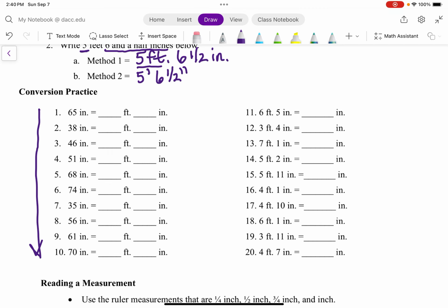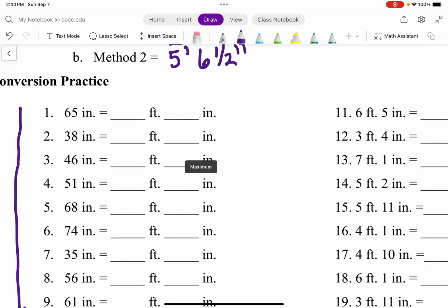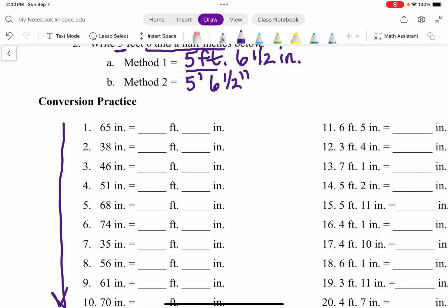On numbers 11 through 20, it's asking us to take feet and inches and convert them into the total number of inches. But we're going to focus on 1 through 10 here first. So I'm going to erase that line. I'm going to see if I can zoom in here a little bit. All right, so first one, we'll do number 1 here.